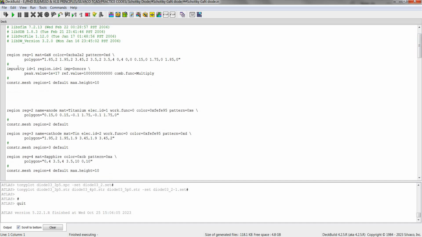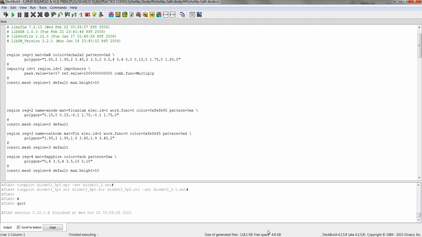The impurities in region number 1 are donors with electron concentration of 1 into 10 to the power of 17 per centimeter cube. Region number 2 is anode.